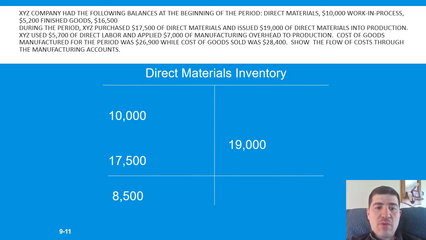So we start off with the $10,000 and we purchased $17,500, but we also issued $19,000 of direct materials into production. So we took that $19,000 out of direct materials inventory and slid it over. So that is making this get smaller. This is an asset account. We credit it. You add it up. There you go.